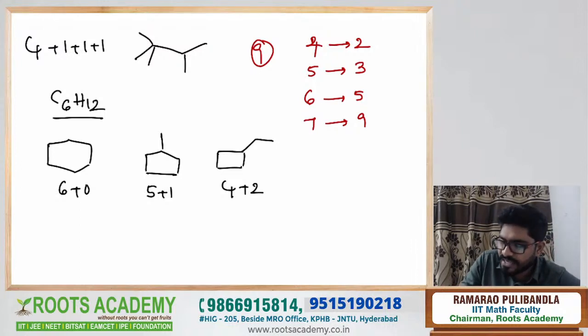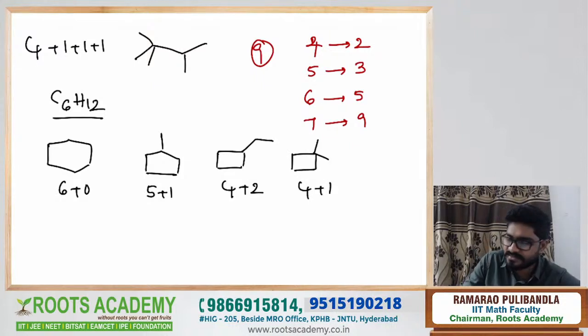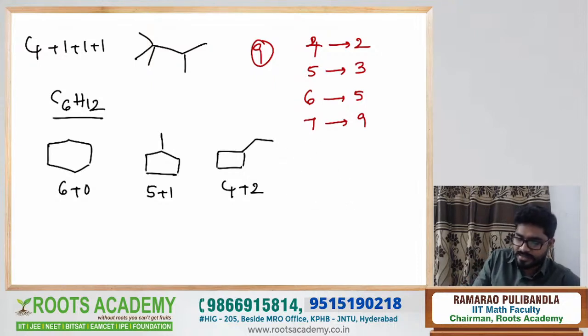Apart from that, we can write this also, 4 plus 1 plus 1, like this, 2 substituents. And one more also we can write for the 4 plus 1 plus 1.